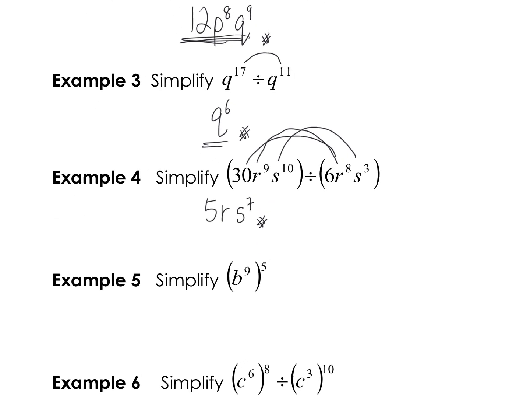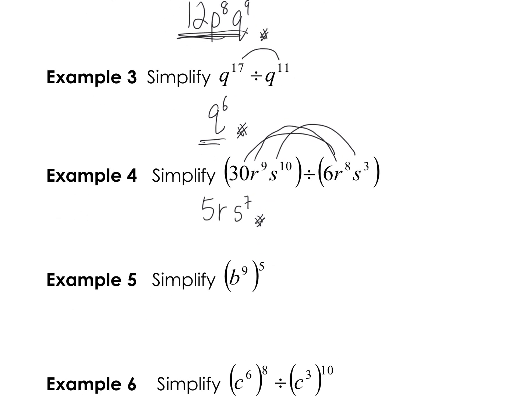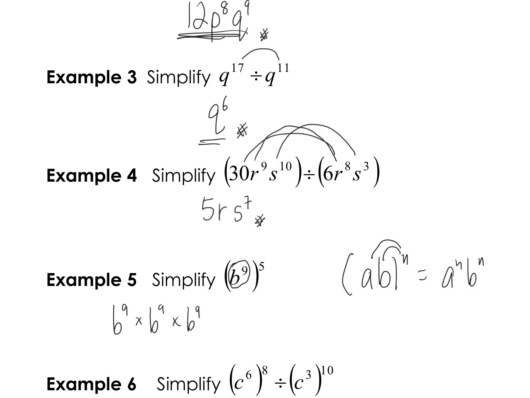Let's look at this one. Remember just now we said, if it's (AB)^n, each of them should get the power n. Right, this law. So same thing here, there's only this one term. So it means this times itself 5 times. So what are you essentially doing?